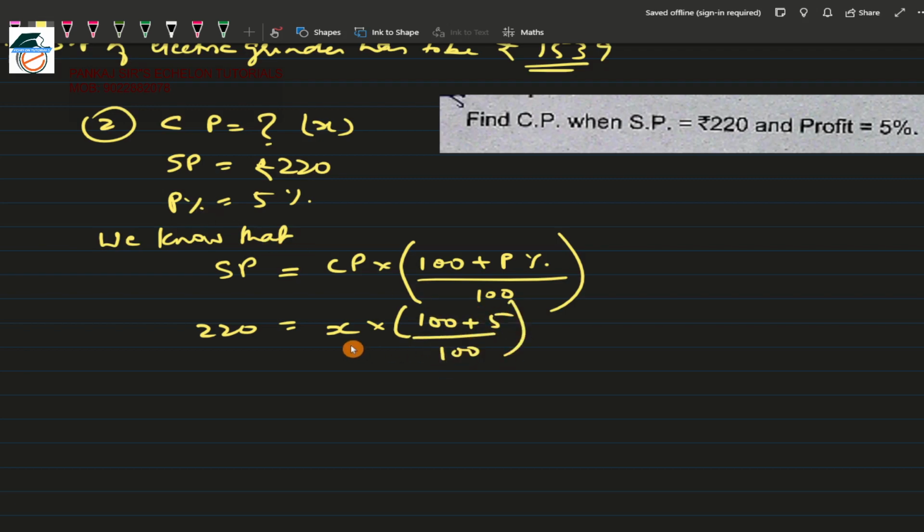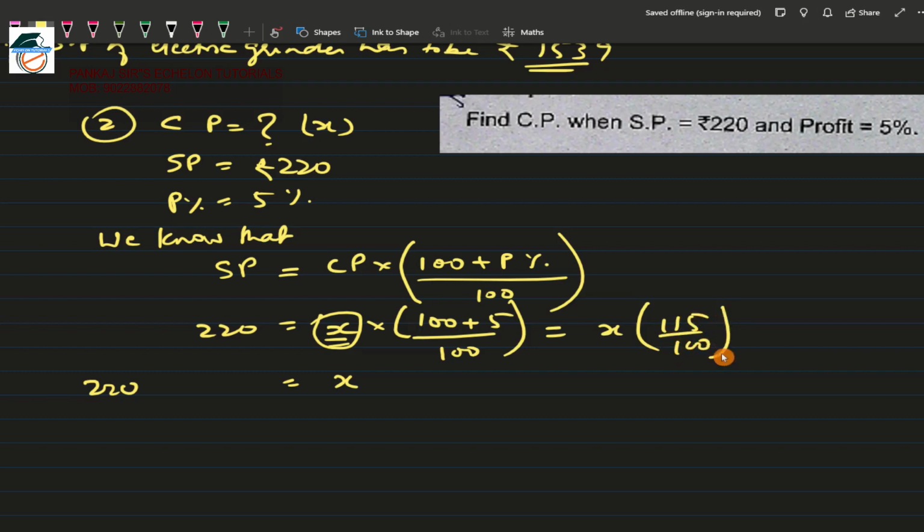Now we want to find out this X, so we are going to make this X the subject. This 220 I'm going to keep here only on the right hand side, and this X I want to make the subject, so I'll keep it here only. Surrounding this X, you have this 100 plus 5 upon 100. Let me write this as X into 100 plus 5, which is 115, upon 100.